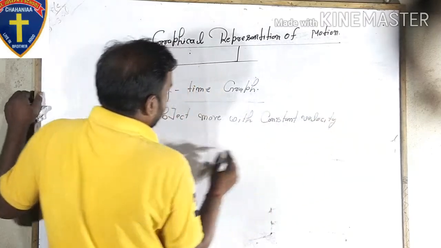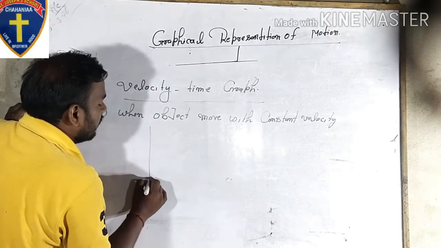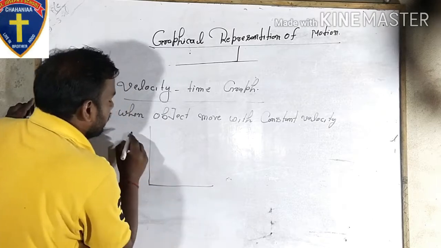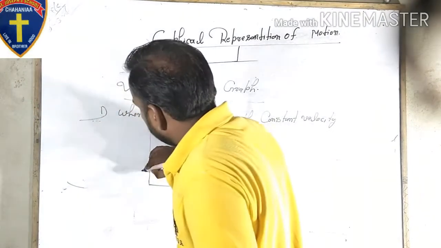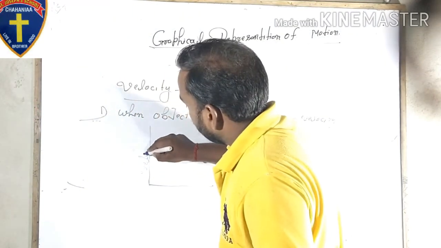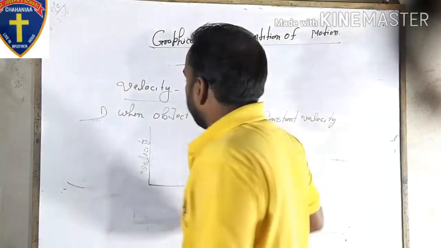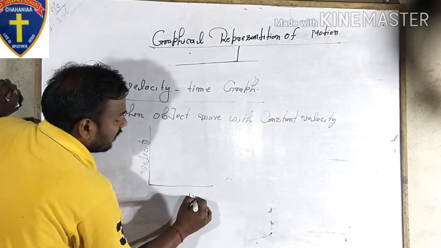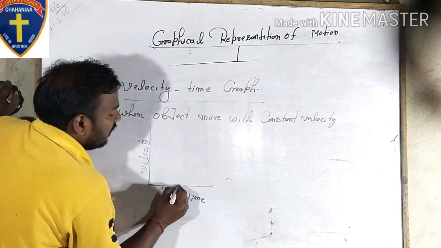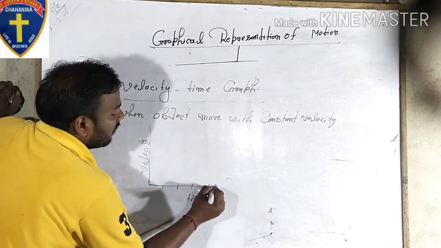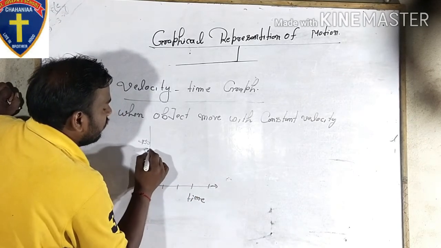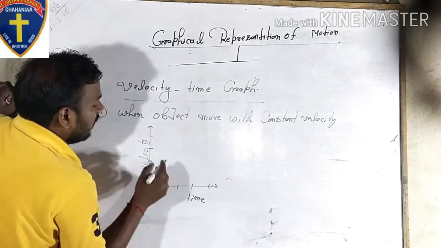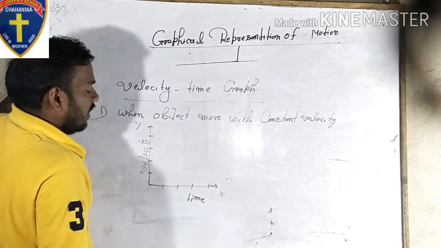So what do we get here? First condition, that is the velocity and that is the time. 1 2 3 4, 1 2 3 4. That is the y-axis, that is the x-axis.